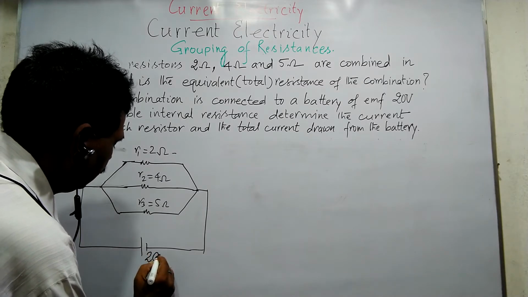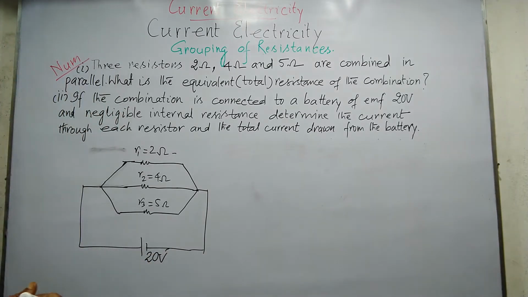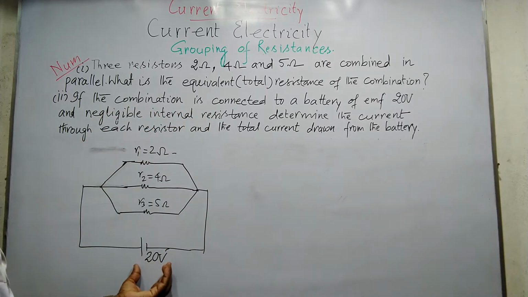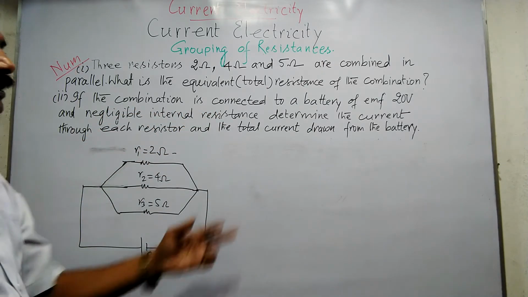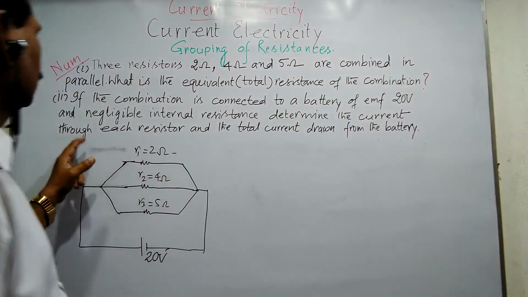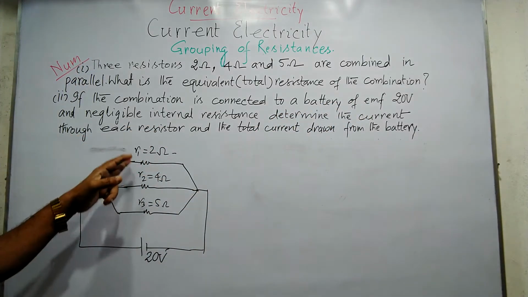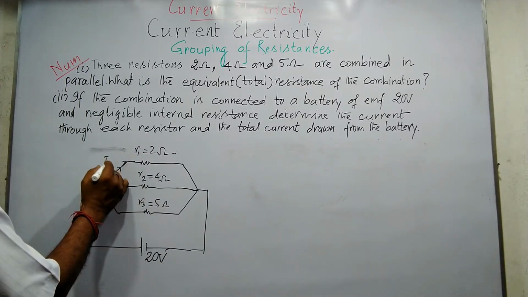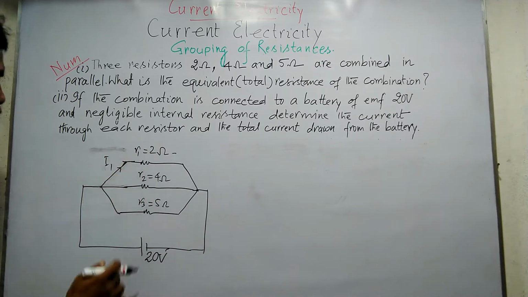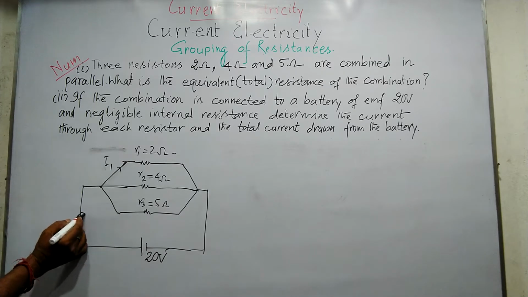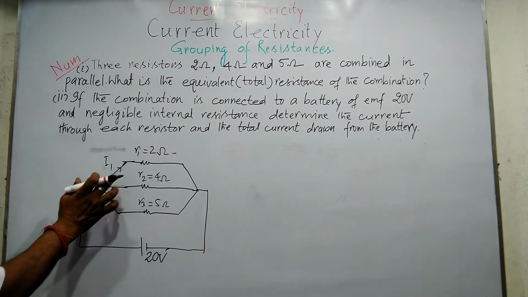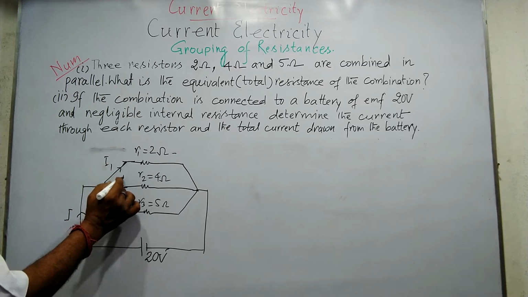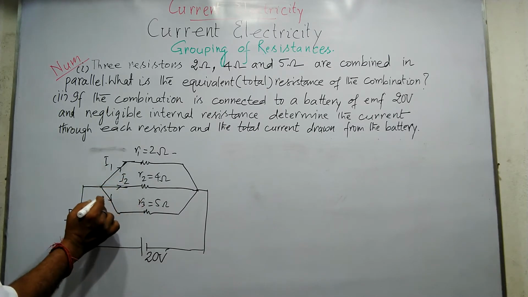ठीक है, and having negligible internal resistance, बैटरी का कोई रेजिस्टेंस नहीं है. Determine the current through each resistor, मतलब इस रेजिस्टेंस के थ्रू करंट क्या जा रहा है. Current passing through this circuit is I, and current passing through this resistor was I1, through this was I2 and this was I3.